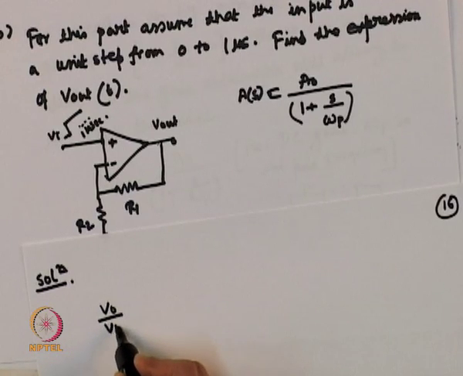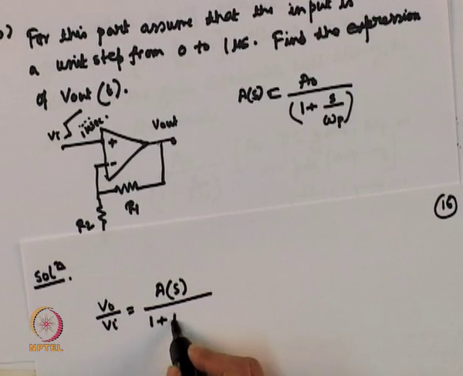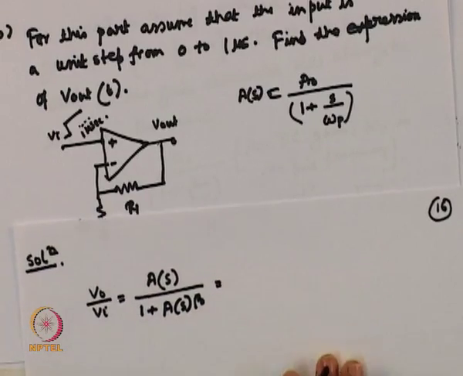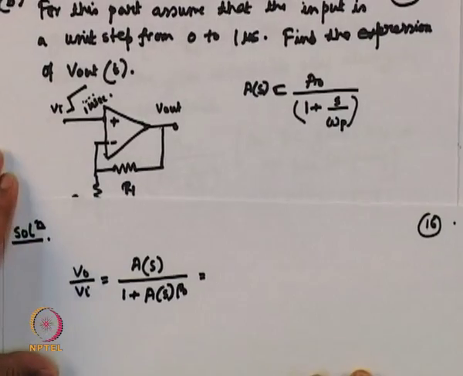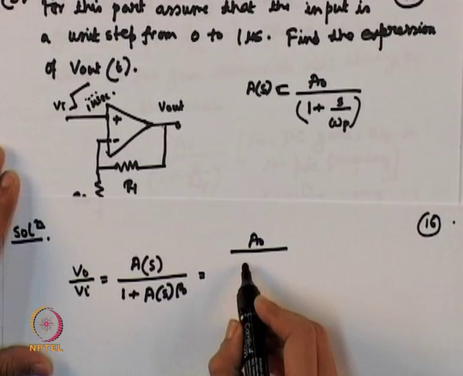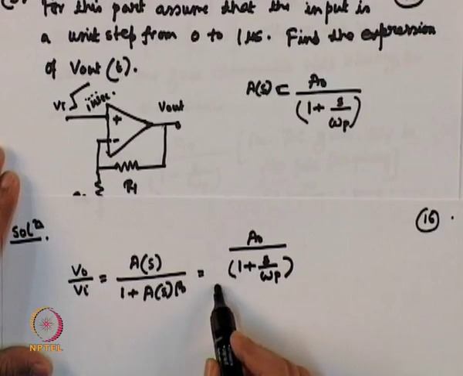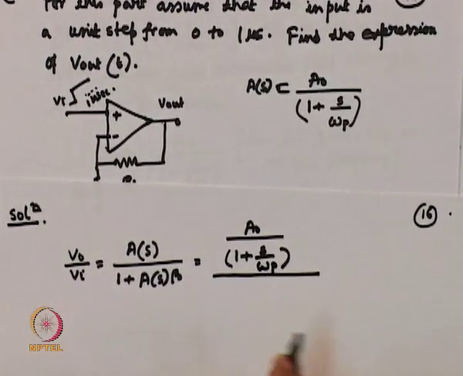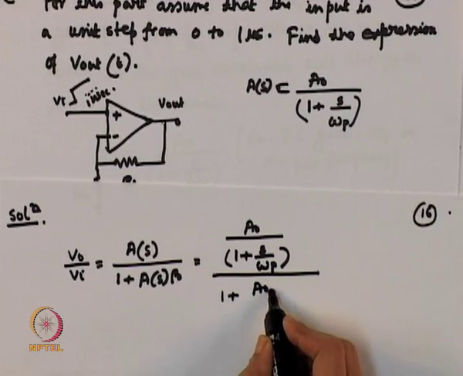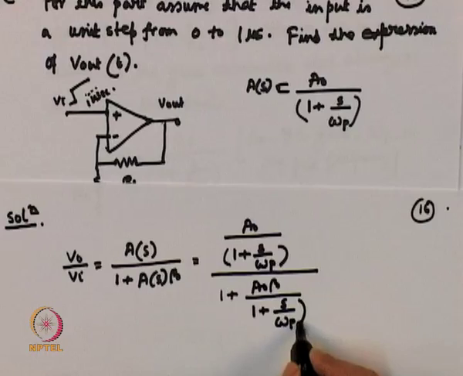So, Vo by Vi, in this case the output is not settling. So, we will assume that A(s) is A naught by 1 plus s by omega p, divided by 1 plus A naught beta times 1 plus s by omega p.